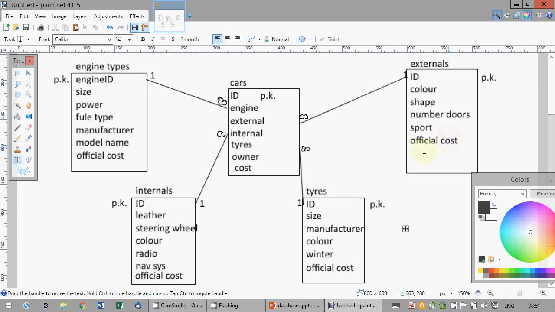Because otherwise I would complain that this cost could be calculated from the 4 costs.